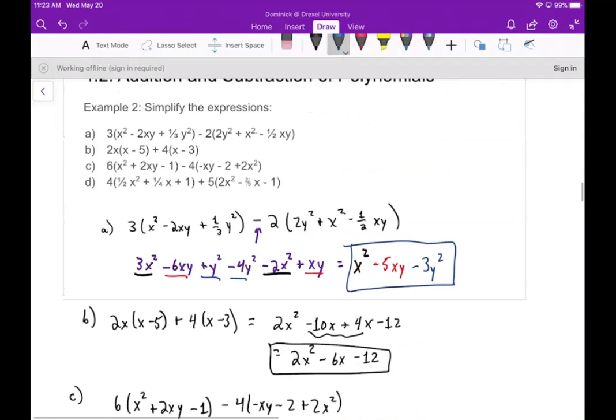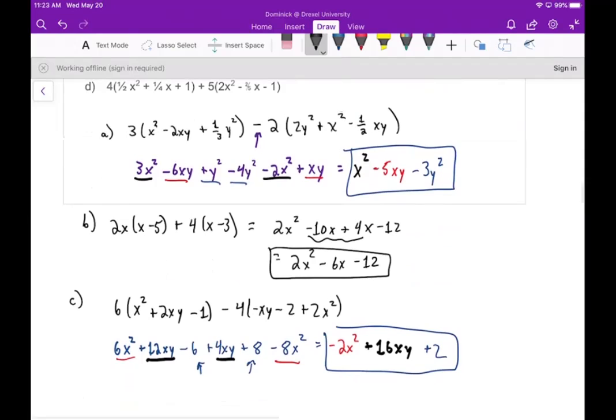Okay, so then of course part D, let's see. So part D, we have 4 times 1/2 x squared plus 1/4 x plus 1 plus 5 times 2x squared minus 2 over 5 x minus 1. Okay.